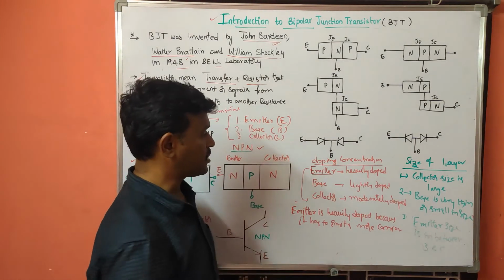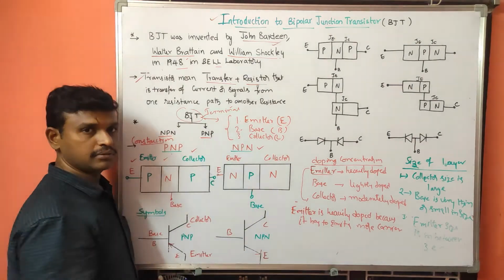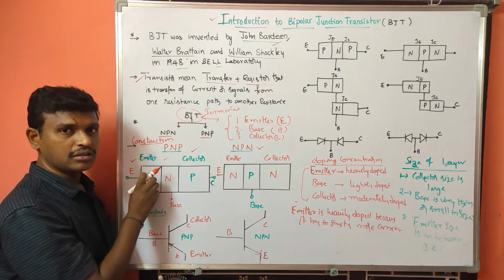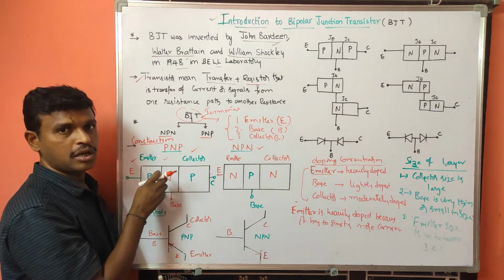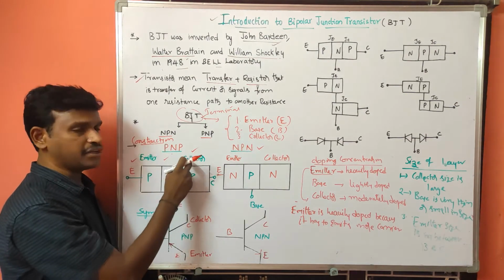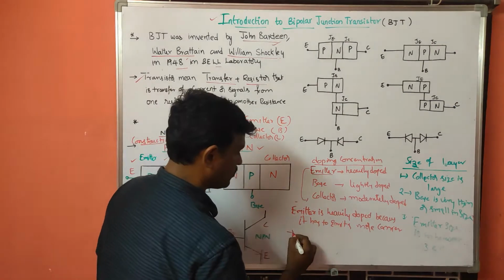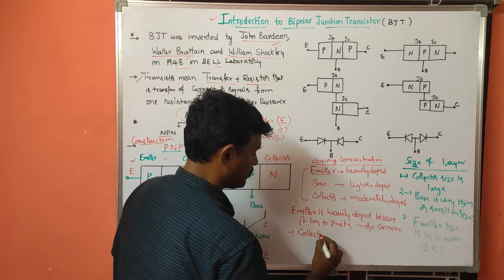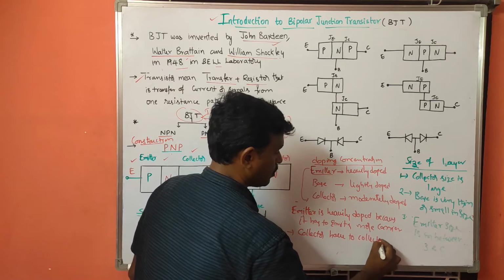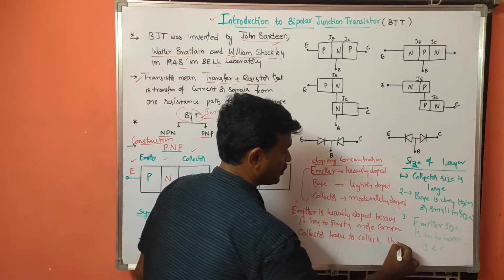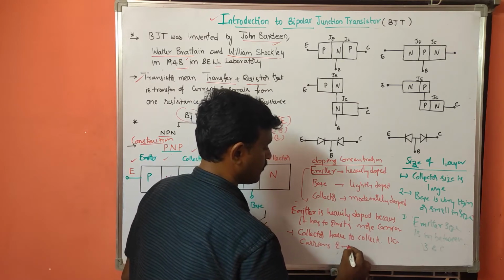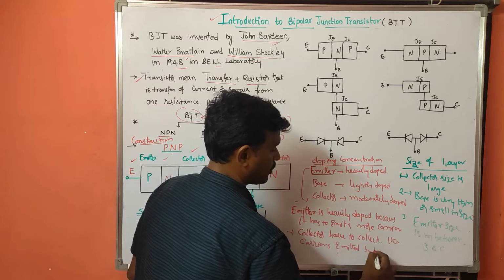Next, why is the collector called the collector? Whatever carriers the emitter layer emits will be collected by the collector terminal. Collector has to collect the carriers emitted by the emitter terminal.